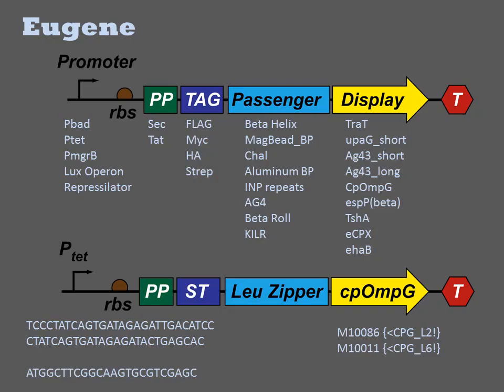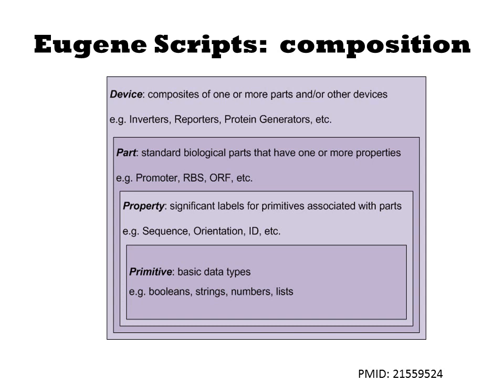Eugene was developed by Douglas Densmore, and it encodes user-defined families of parts and user-defined phenomenological rules of composition. In the example here, we illustrate 2 abstract compositions made of families of parts such as a passenger or a PP, which is a pre-pro sequence. These user-defined families are each a set of concrete part sequences.